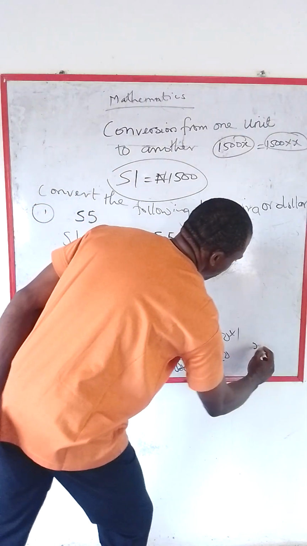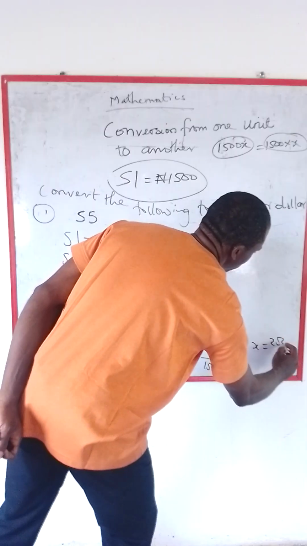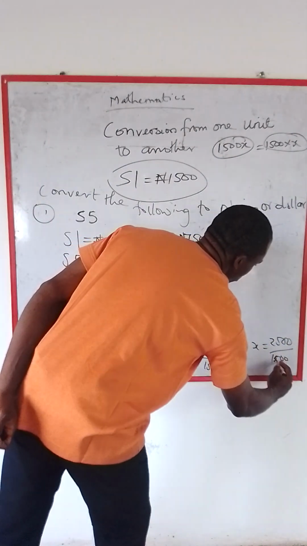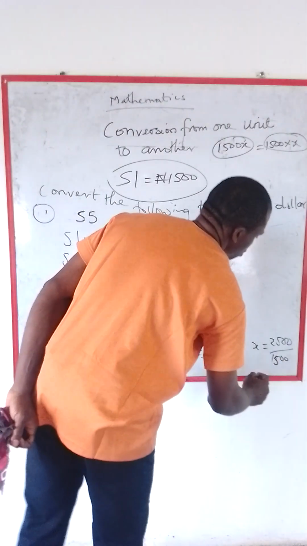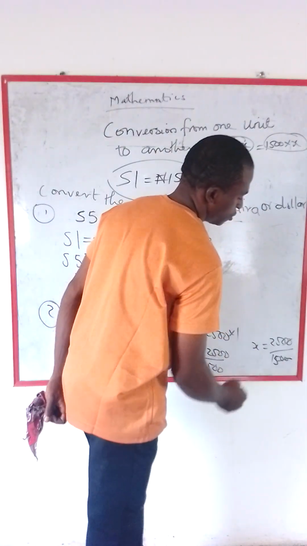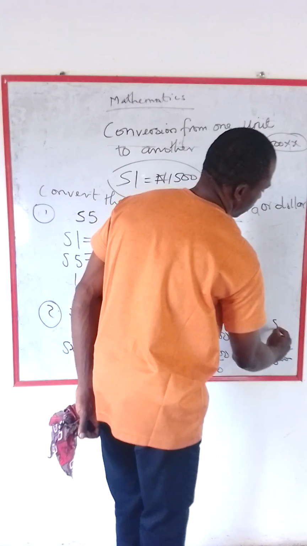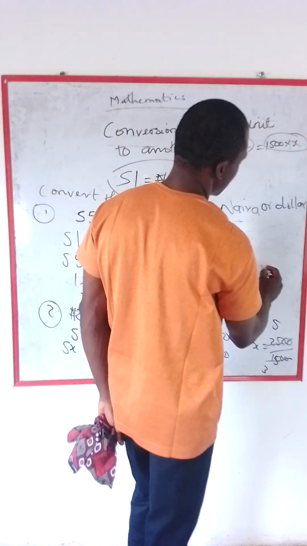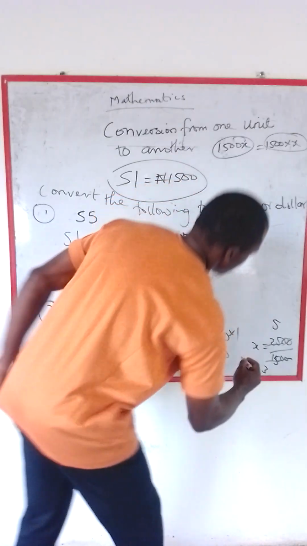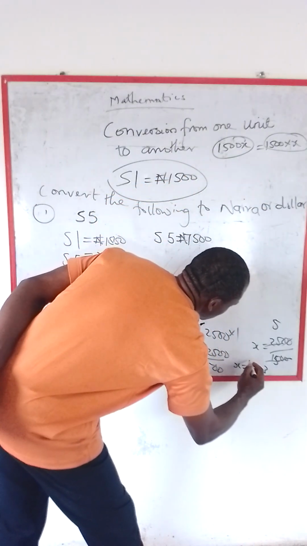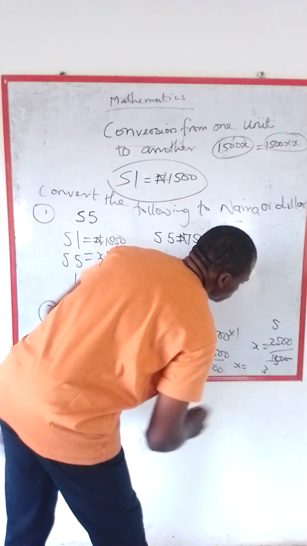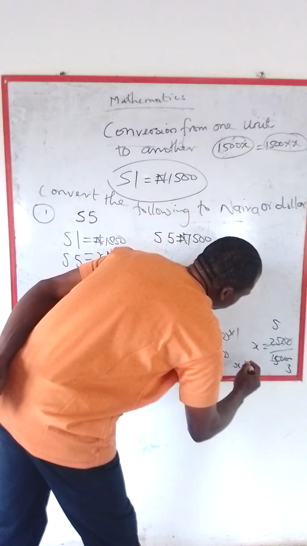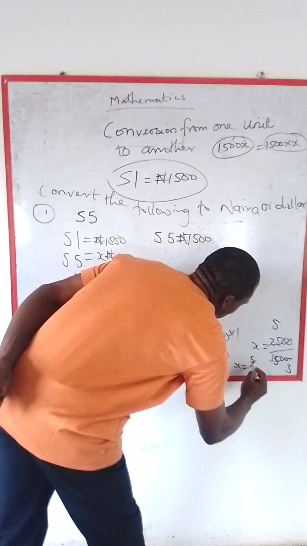What we now have there is X equal to 2,500 over 1,500. 100 cancels with 100. 5 here, 3 here. So when we do that, our X is going to be 5 over 3.